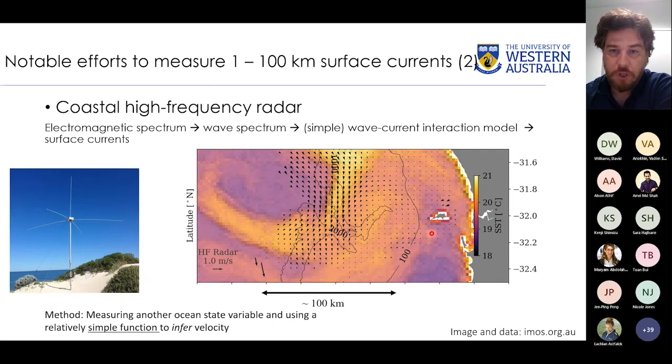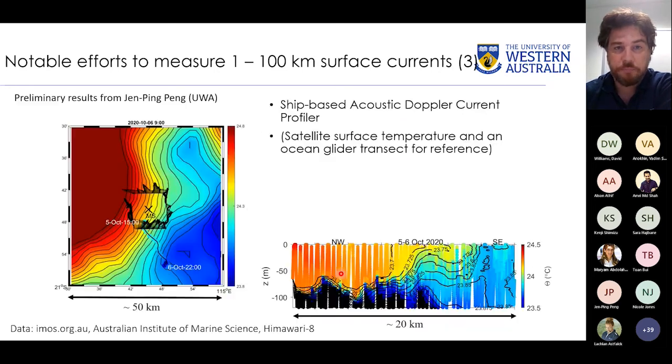The radar captures part of that, but it's limited by how far offshore. And just noting that it's capturing processes at scales less than 100 kilometres.